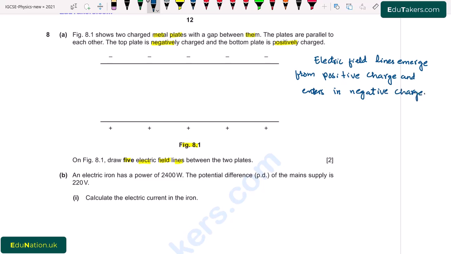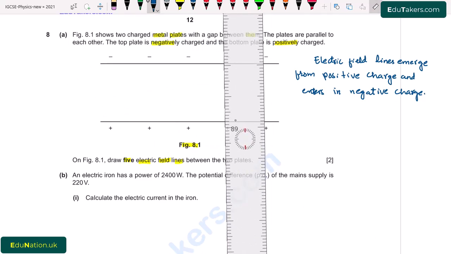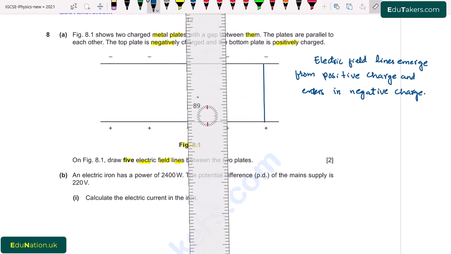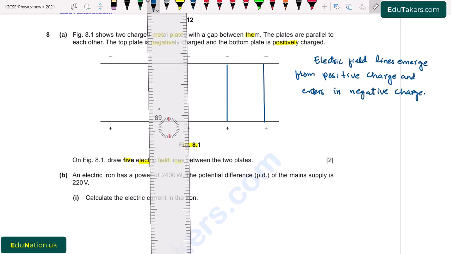In figure 8.1, we can see that the top plate has negative charge while the bottom plate has positive charge. So the electric field lines will be from positive to negative. It means from bottom to top. So I draw them. This is the first line. This is the second line. Third one.